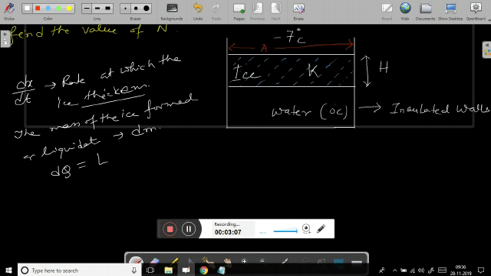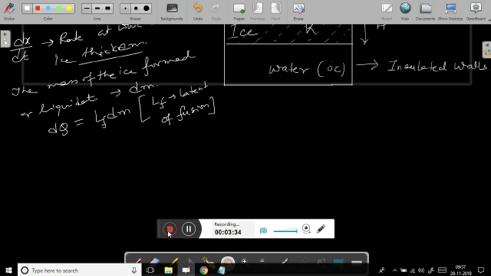So it depends on the situation. That will be L into dm, where LF is given, the latent heat of fusion. Since thickness is increasing, heat is released, so automatically more ice will start to form. This is equation number 1.